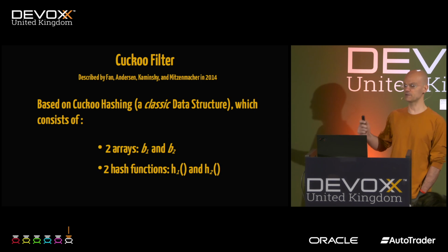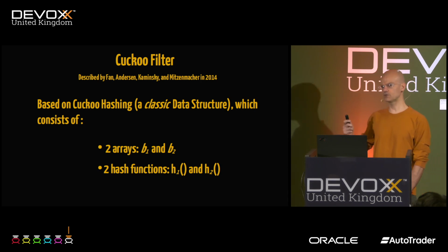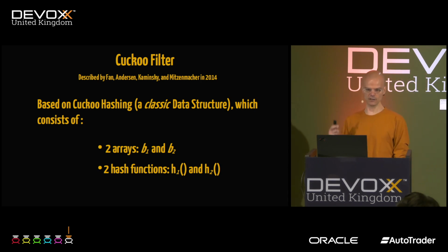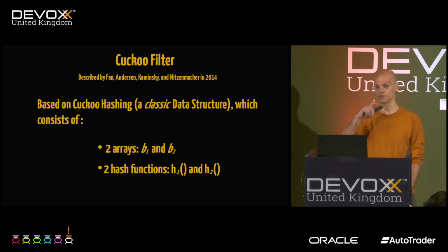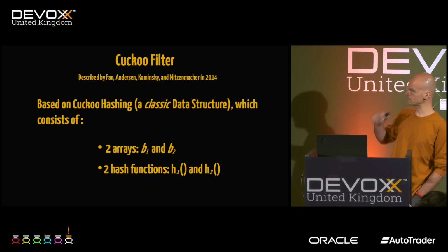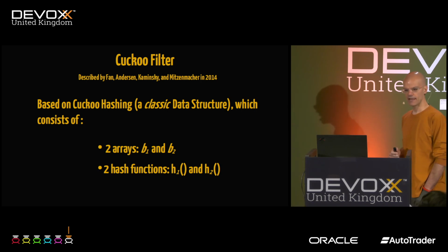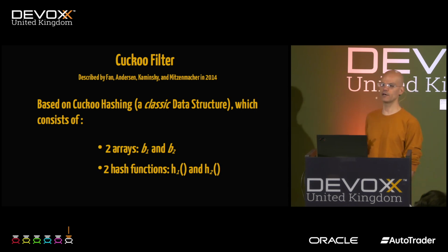And the Cuckoo filter is based on that. So to explain how the Cuckoo filter works, we need to understand how the Cuckoo hashing works. And so we're going to see that in detail now. The Cuckoo hashing consists of 2 arrays, which we will call B1 and B2, and 2 hash functions, H1 and H2.